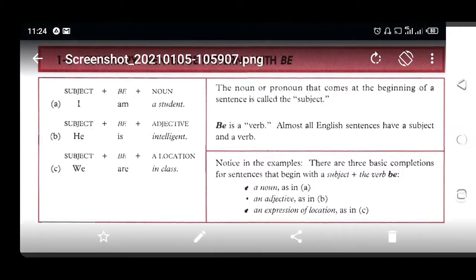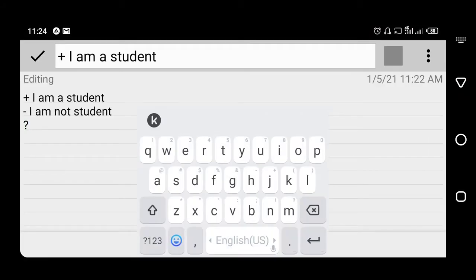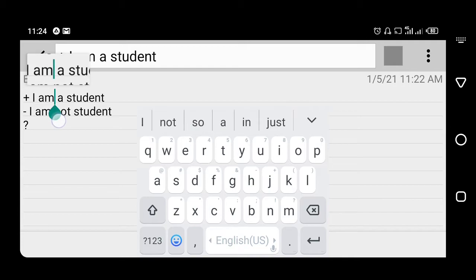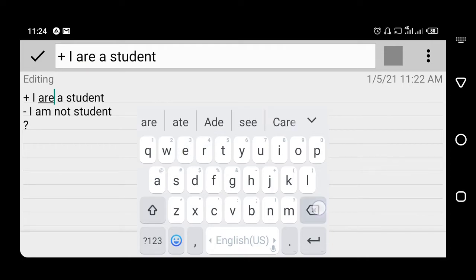And now back to the topic. How to make a question word from the positive sentences in here. So we know that kalian nggak bakal mungkin pakai "I is." Ini salah ya. "I are." Ya mungkin I itu pasti ketemu dengan I am.